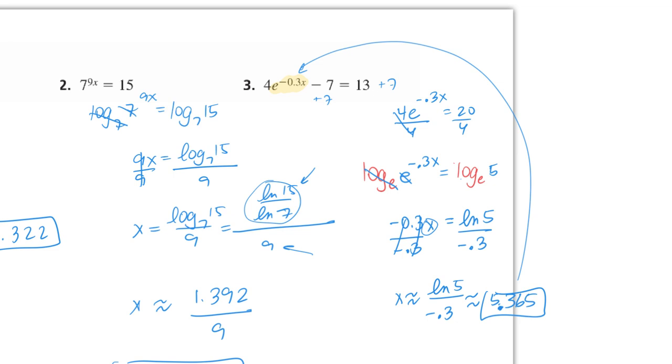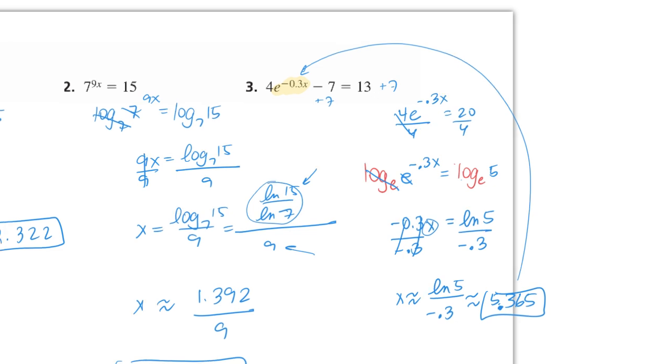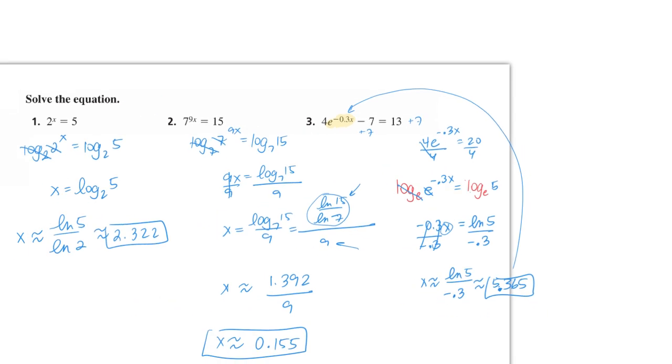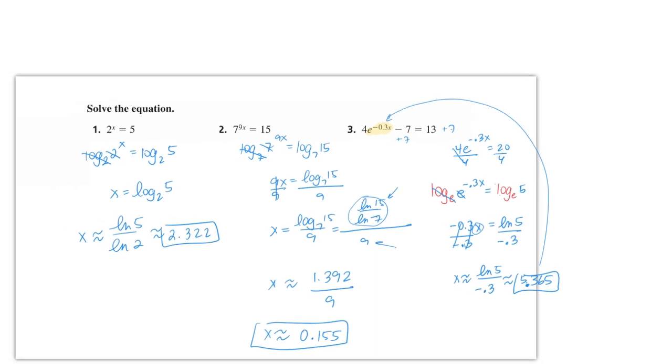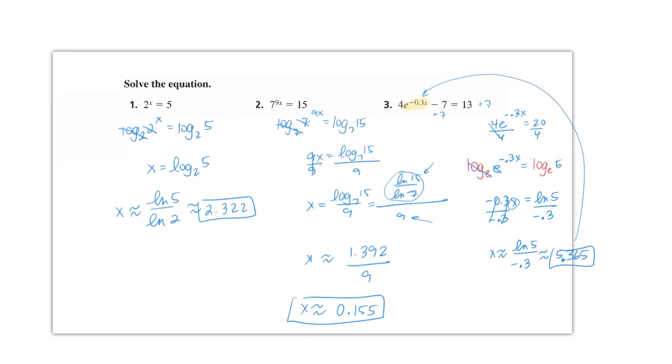I'm going to multiply it by 4. That's 20, and then I'm going to do minus 7, and it works. So again, plug it back in and make sure that the math works. There's no harm in that, especially when it's worth points, right?